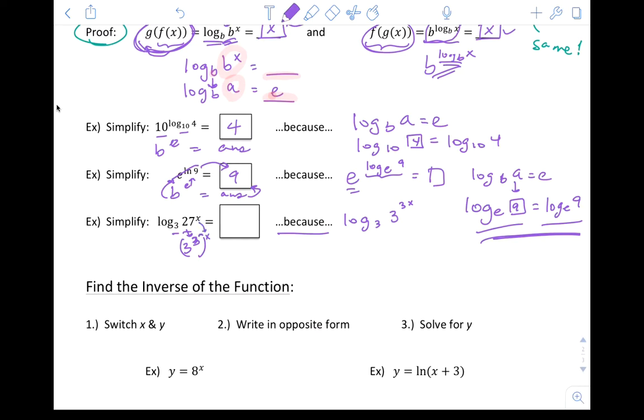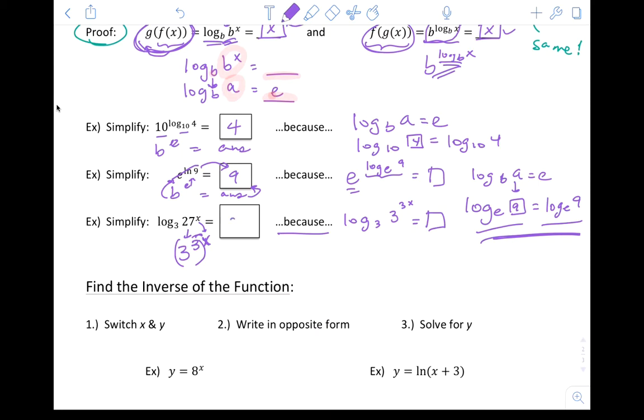You multiply the powers. That is super messy, I apologize. 3 to the third is 27, and that's being raised to the x. Power to a power, you multiply the powers. So, what has to be the answer? What goes in the box?